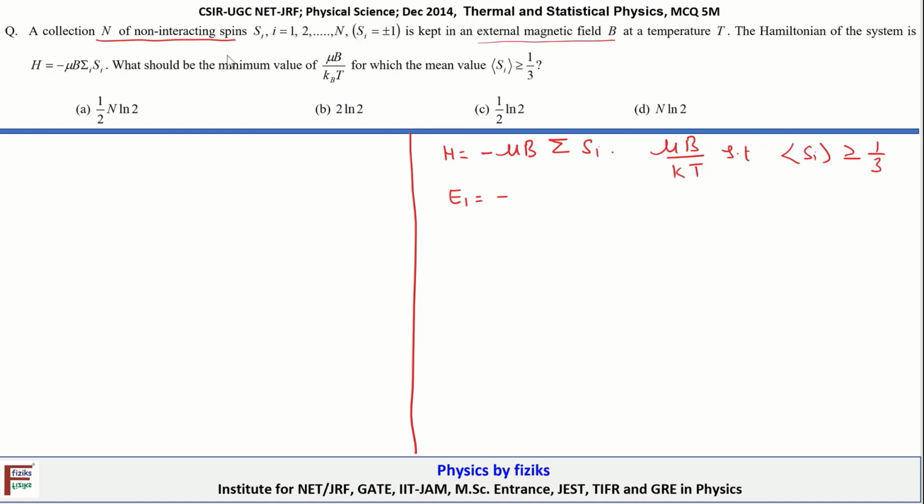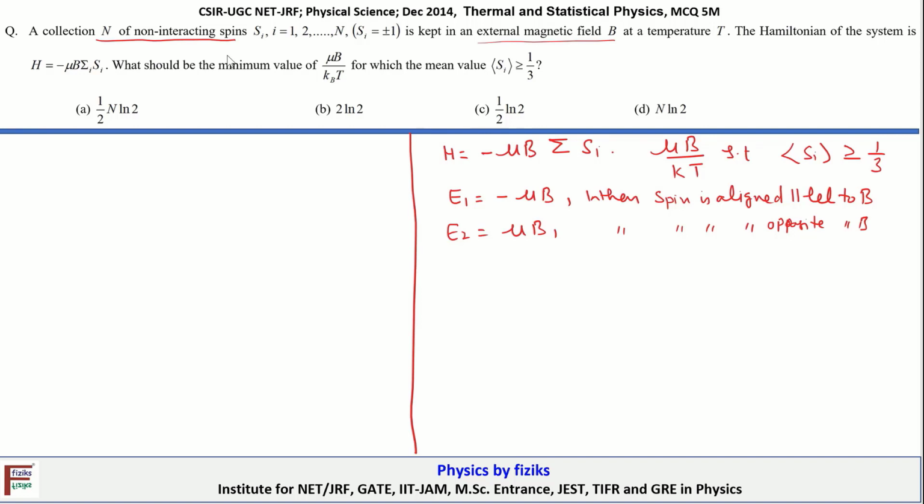E1 is equal to minus mu B when the spin is aligned parallel to the field, and E2 is equal to mu B when the spin is aligned anti-parallel, or opposite, to B.